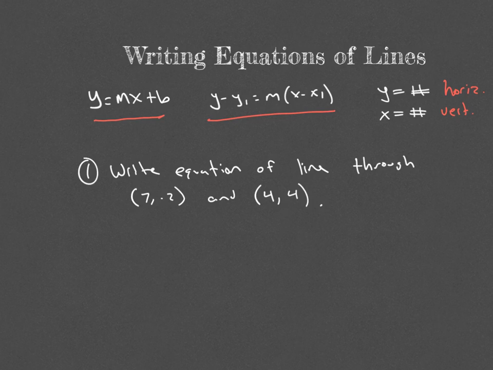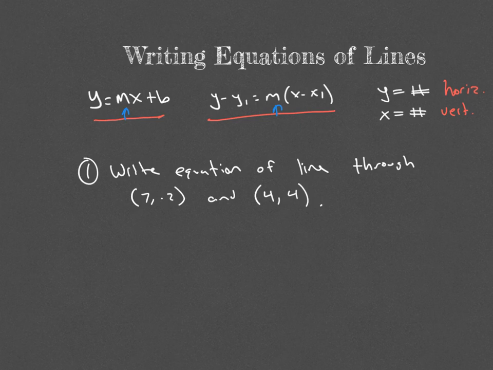So for number 1 here, write an equation of the line through (7, negative 2) and (4, 4). Anytime I am going to write the equation of a line, I need the slope. Point-slope form and slope-intercept form both require the slope, and if I have 2 points, I can find the slope.